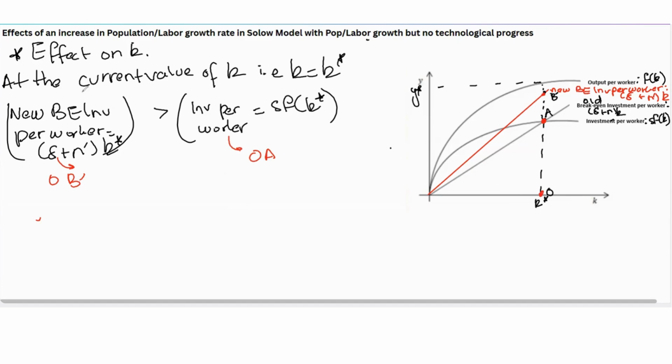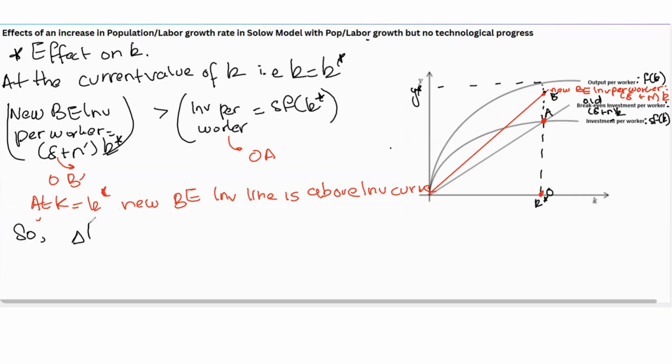So at k equal to k star, the new break-even investment line is above the investment curve. At the initial steady state value of k, the new break-even investment per worker, OB prime, exceeds investment per worker, which is OA.